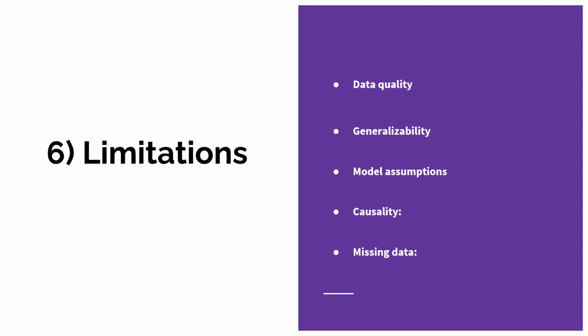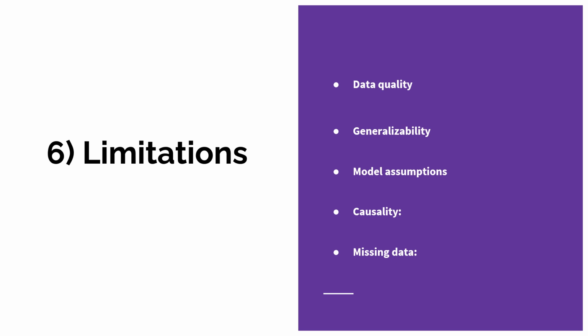So data quality is the first limitation. This means that accuracy and completeness of the data could affect the results. For instance, if some participants didn't provide accurate information about their health or lifestyle, it could lead to biased results. Second, we have generalizability.